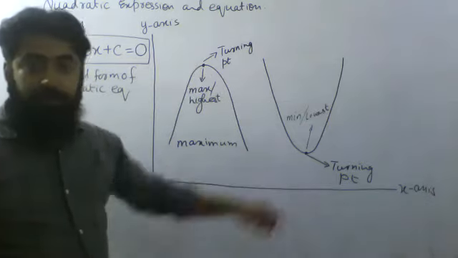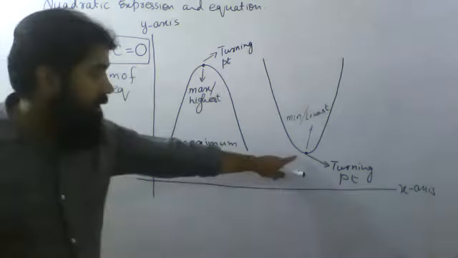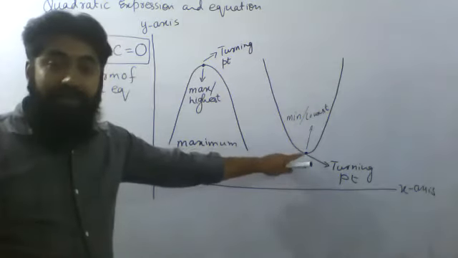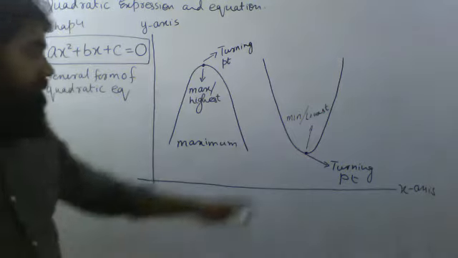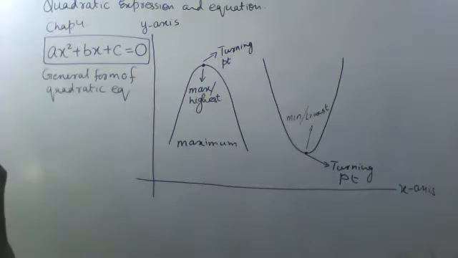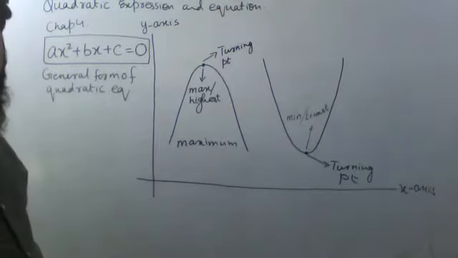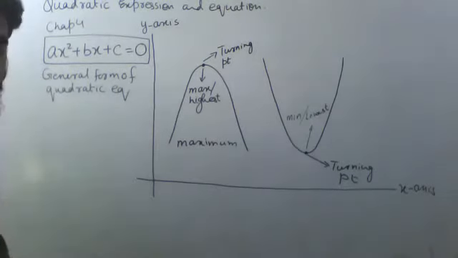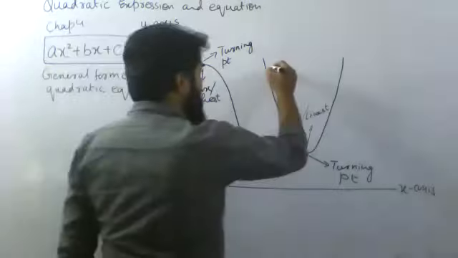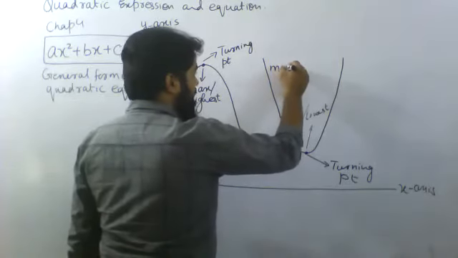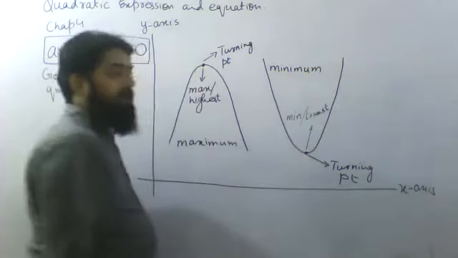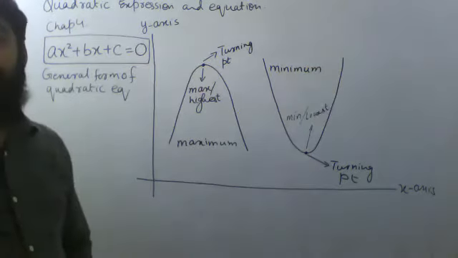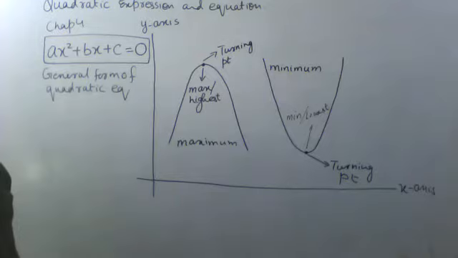And this curve, which has the smallest value of y at the turning point, or minimum value of y at the turning point, what will I call this curve? We will call it a minimum curve, because at the turning point, the value of y is the smallest one.